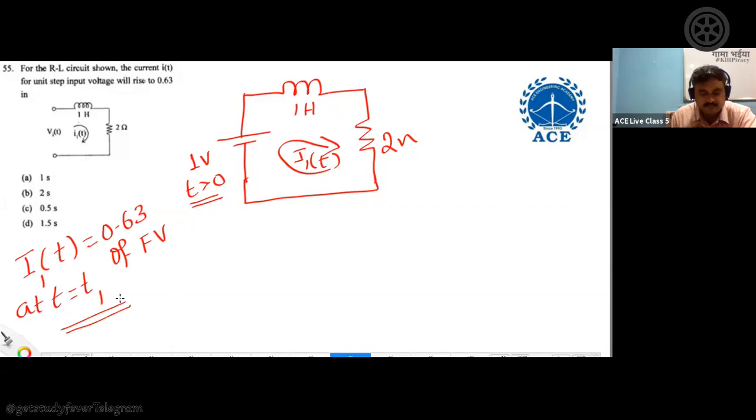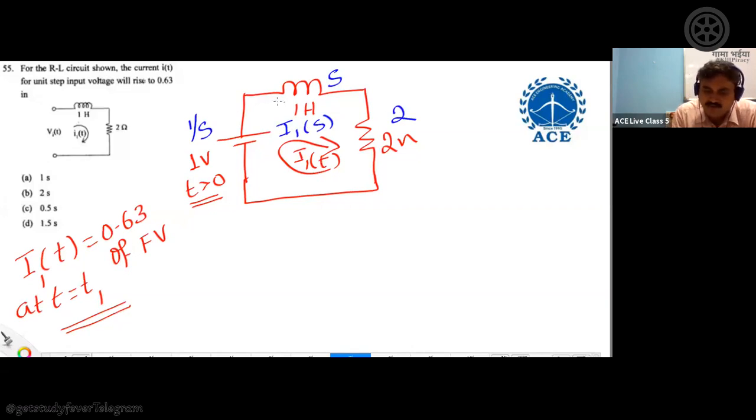Now simplify this. Converting into the s-plane, the source becomes 1 by s, the inductor becomes sL, which is s, the resistor remains 2, and the current becomes I1(s). Now write a closed mesh equation.